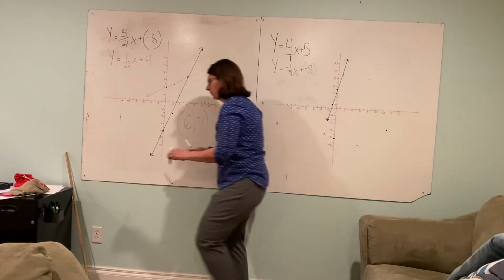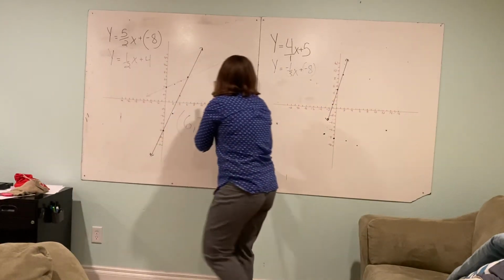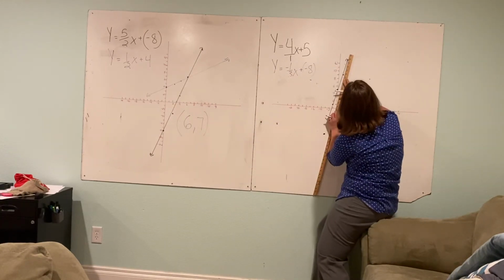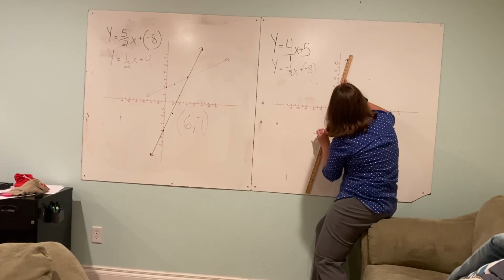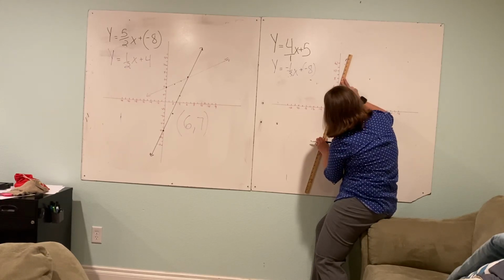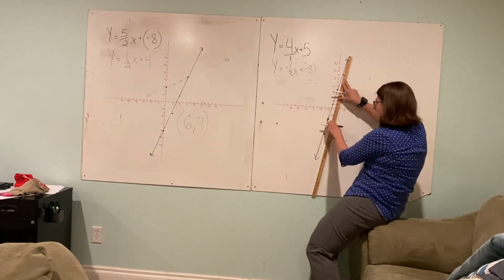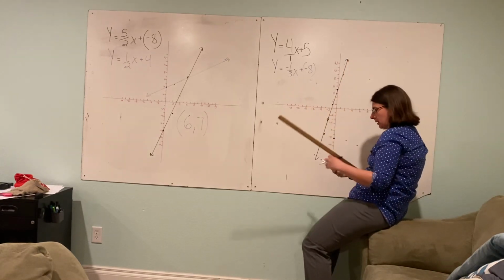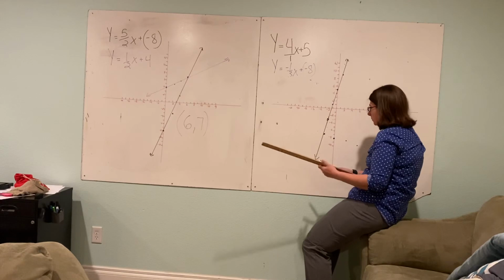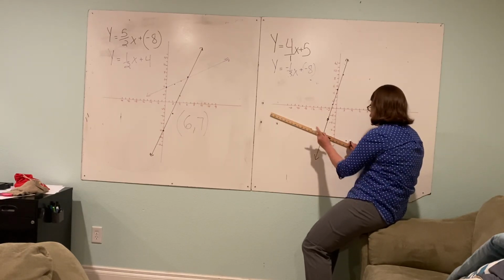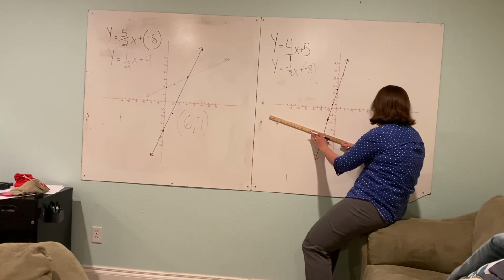So we're going to fix that and make sure we're drawing our lines big enough so we can actually see where they're crossing. Now let's draw this one.